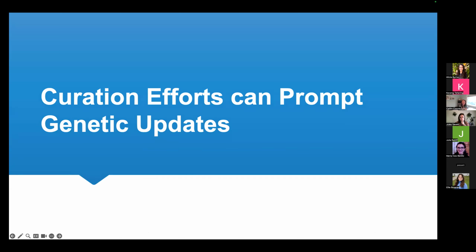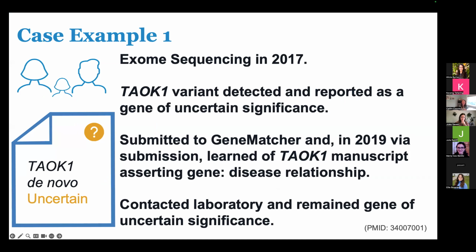And so here are some more examples that we'd want to walk through in terms of how all of the work that you're doing helps us. This is an example from a participant who had exome sequencing back in 2017. At that time, a variant in TAOK1 was detected, and it was reported as a variant of uncertain significance. So this gene was considered a candidate gene, a gene of uncertain significance.